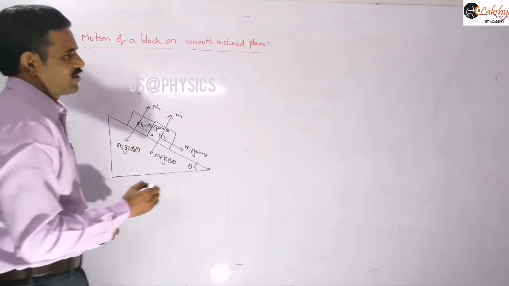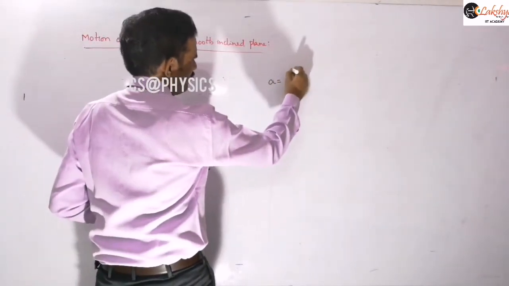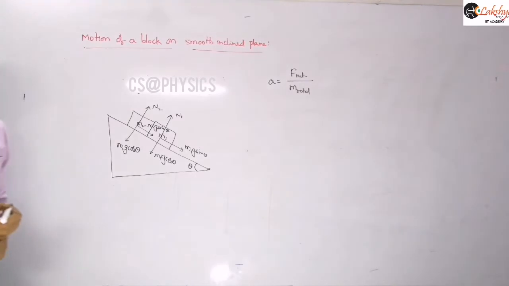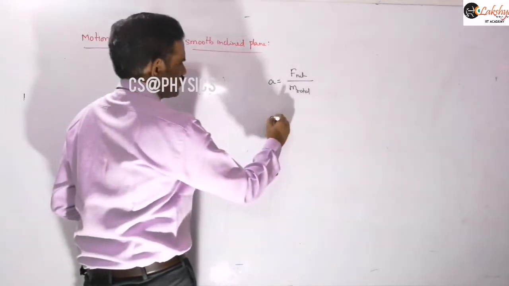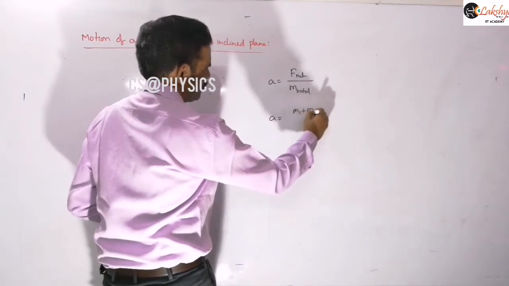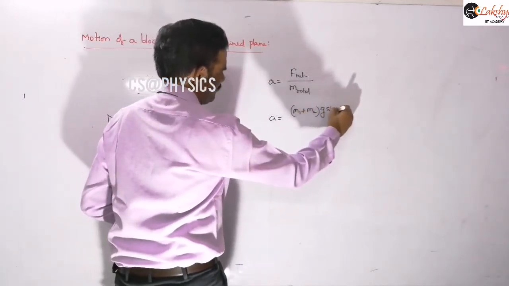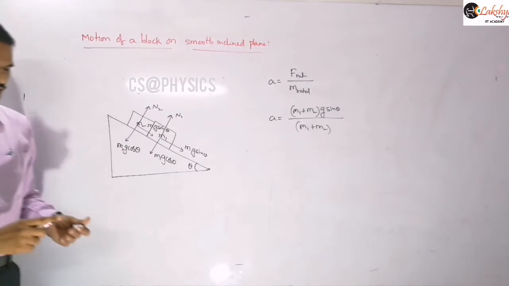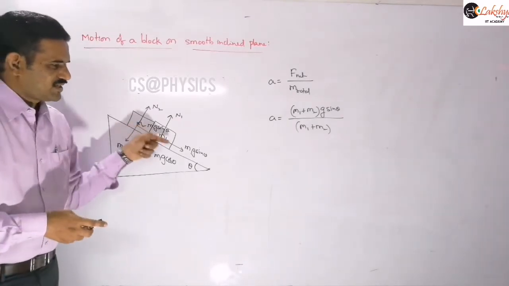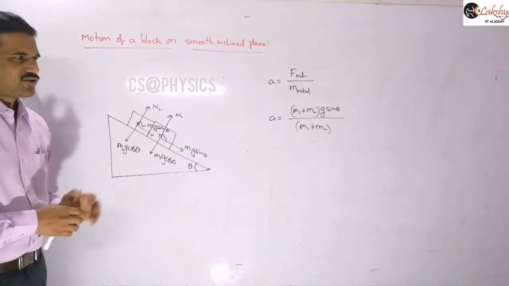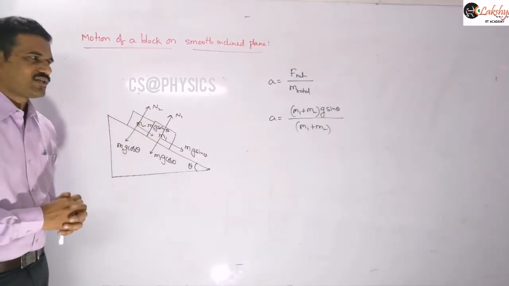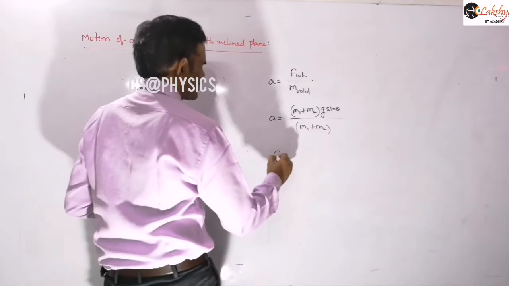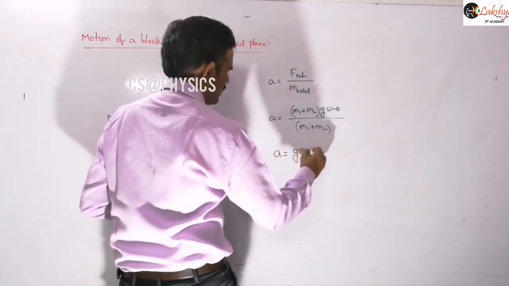The acceleration is the net force divided by the total mass in motion, which is m1 plus m2. So taking g sin theta common, we can write m1 plus m2 into g sin theta by m1 plus m2, and therefore the acceleration is g sin theta.